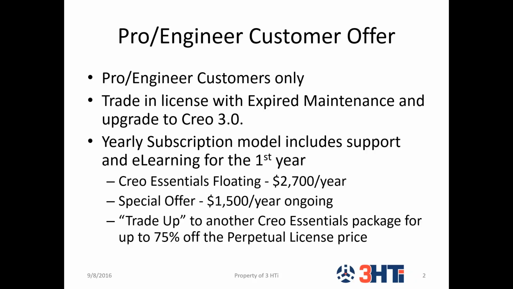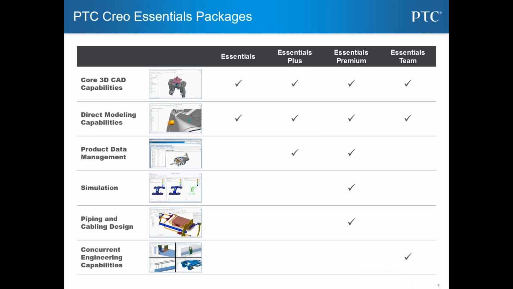Now the other part of this option is you have the opportunity to trade up to another Creo Essentials package, which would be 75% off of the perpetual license price. So if you wanted to move to another package, say Creo Essentials Premium, these are the Creo Essentials packages. Basically the base model has direct modeling with freestyle as well as flexible modeling and Unite technology.